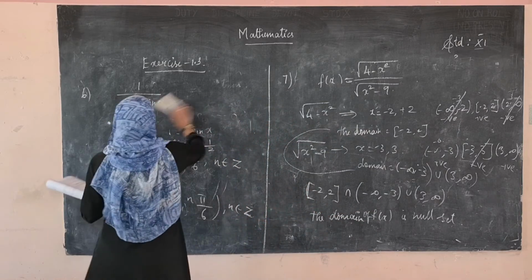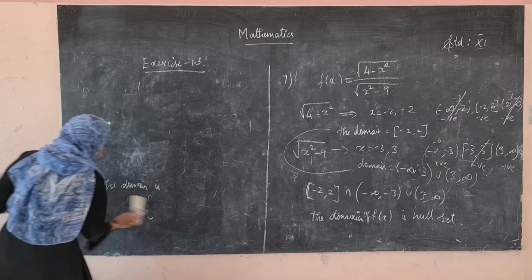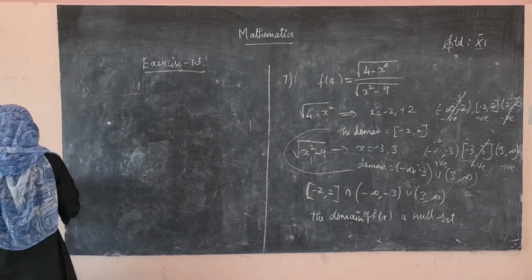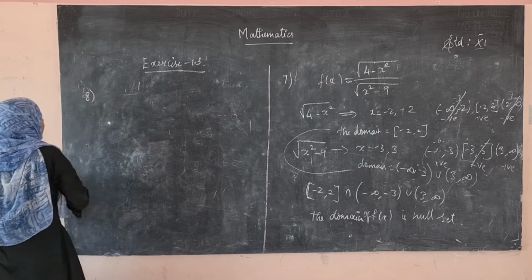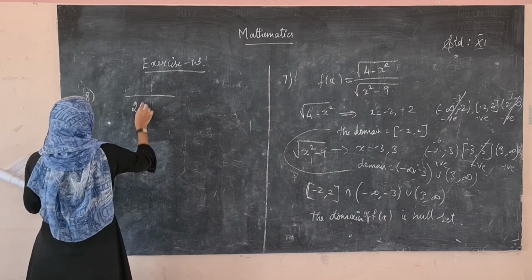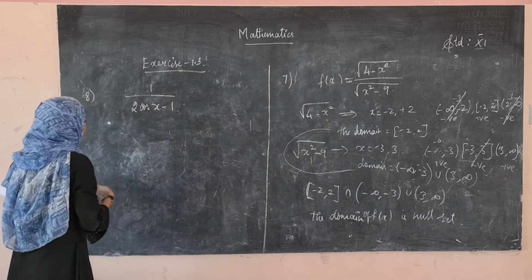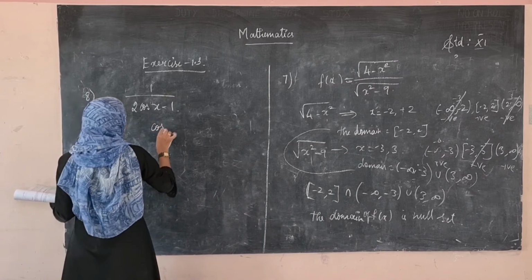Okay. Now, 8th sum. Here they have asked us to find the range of the function 1 divided by 2 into cos x minus 1. Okay, what is the range of cos x?